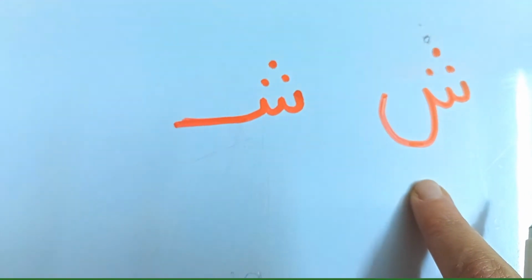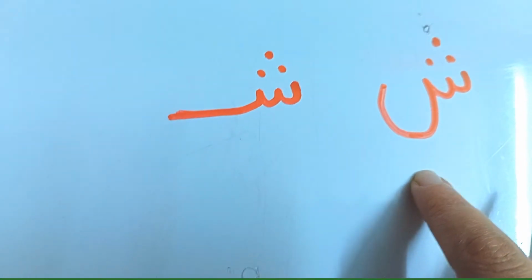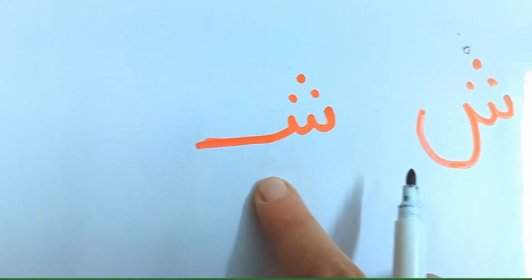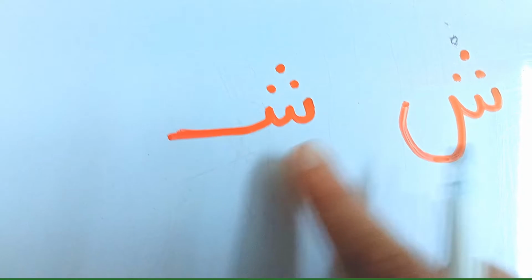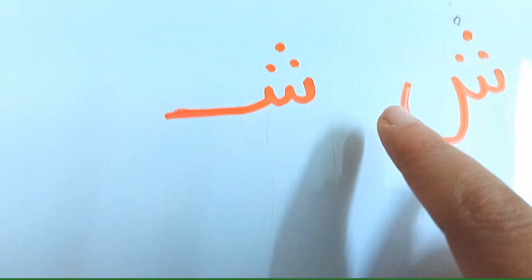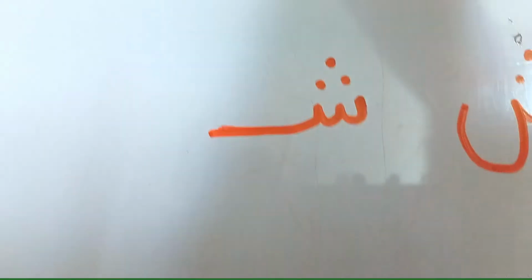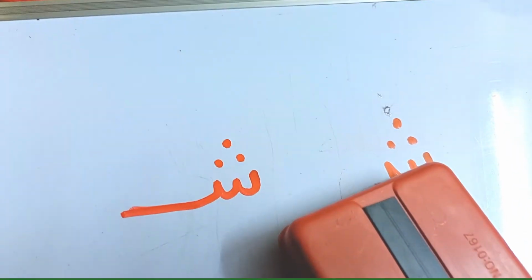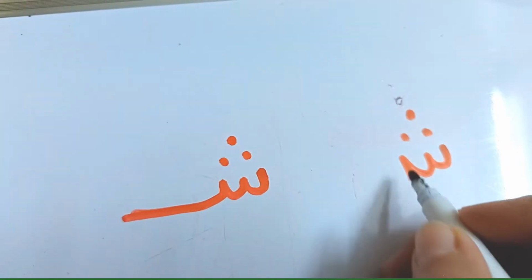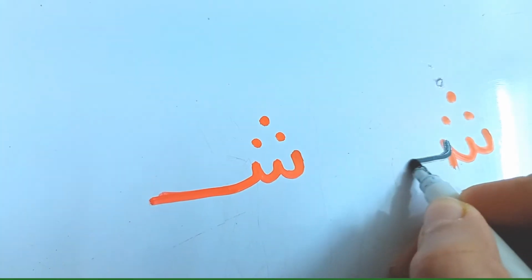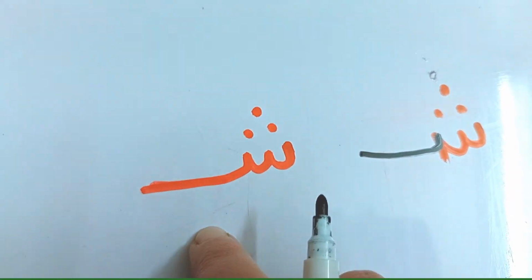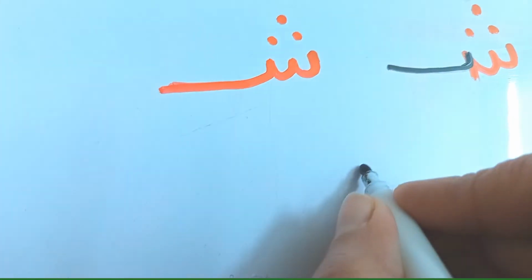The letter Shin. When it comes at the beginning of the word, it is written in this way. You note that this big semicircle is removed, to become this shape, like this.